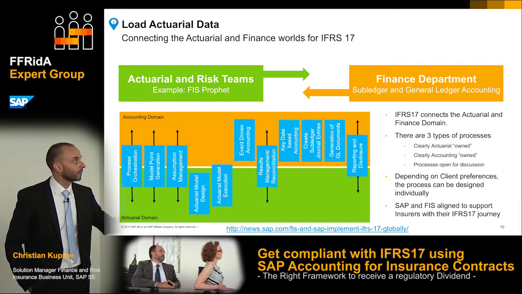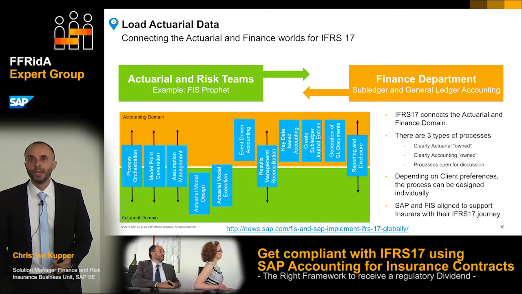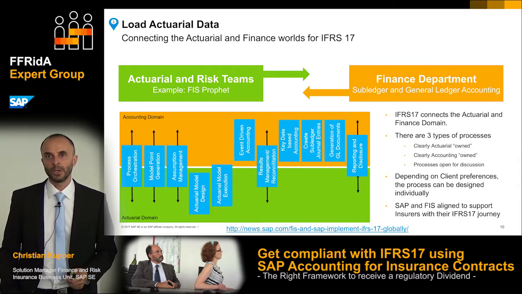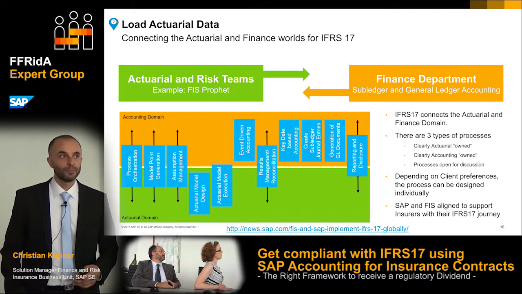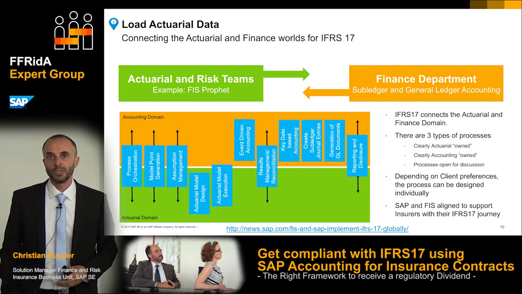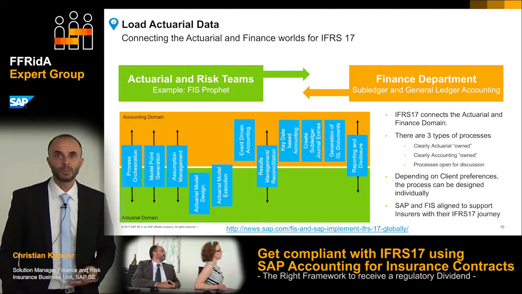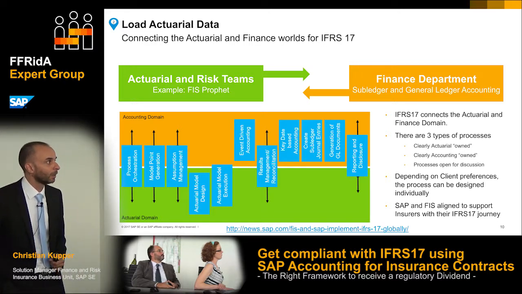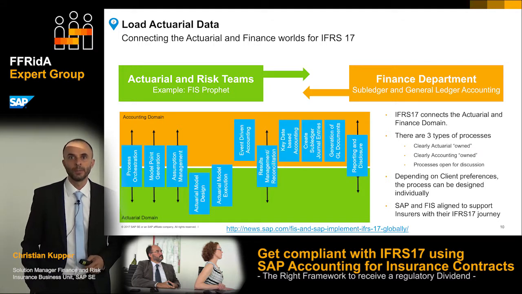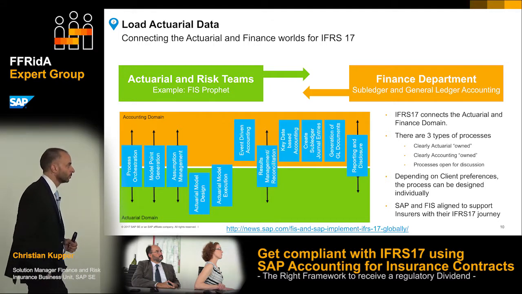Or key date-based accounting, so everything that happens at the closing date, your quarterly or monthly closing, where you have to perform several steps. You have to interface the general ledger and create the general ledger document. This is clearly accounting owned, and usually not covered by the actuarial system tools.